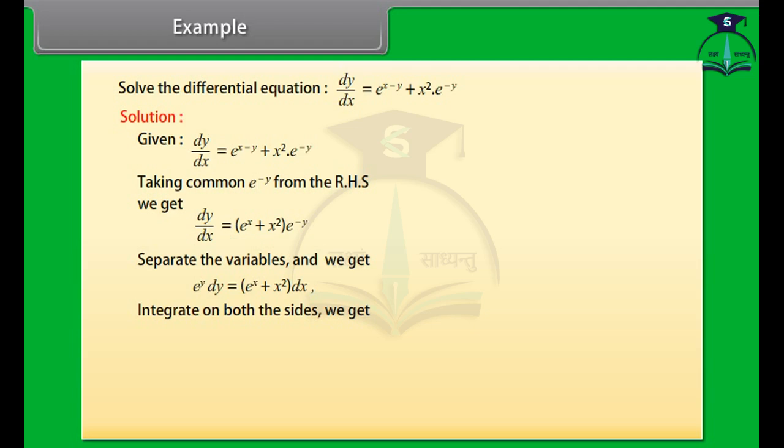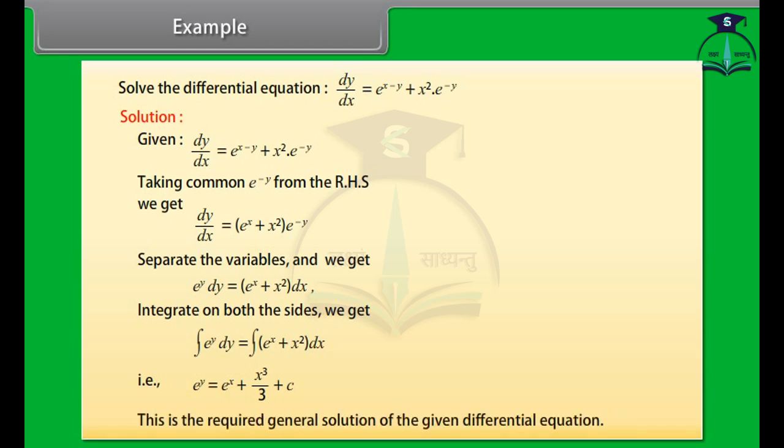Integrate on both sides, we get the integral of e^y with respect to y equals the integral of (e^x + x²) with respect to x. That is, e^y = e^x + x³/3 + c. This is the required general solution of the given differential equation.